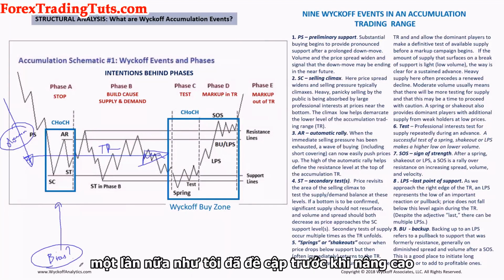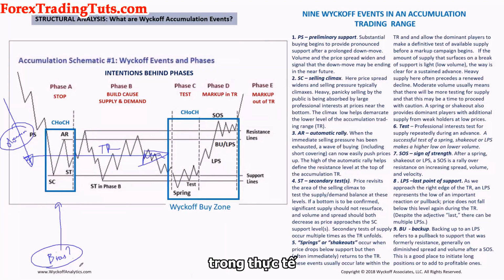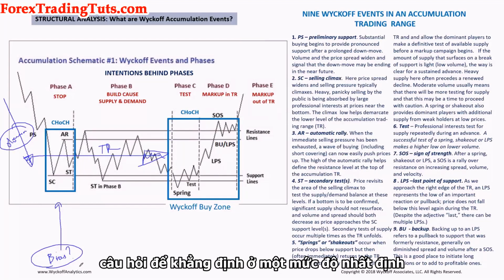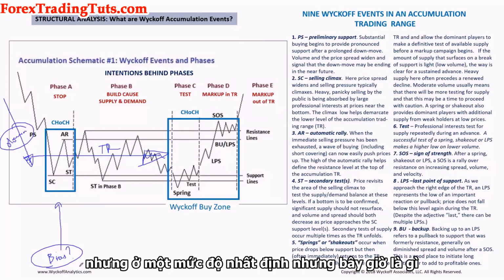Again, as I mentioned before, the advanced studies, which we're going to do in the practicum course, are going to address this question to a certain degree, not necessarily to the fullest degree, but to a certain degree.